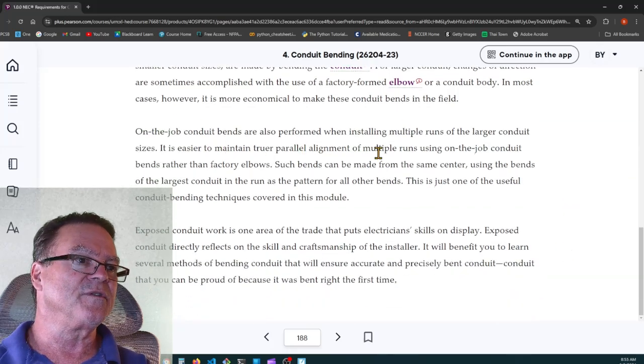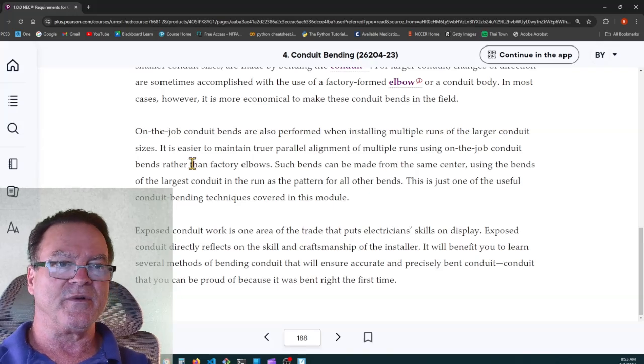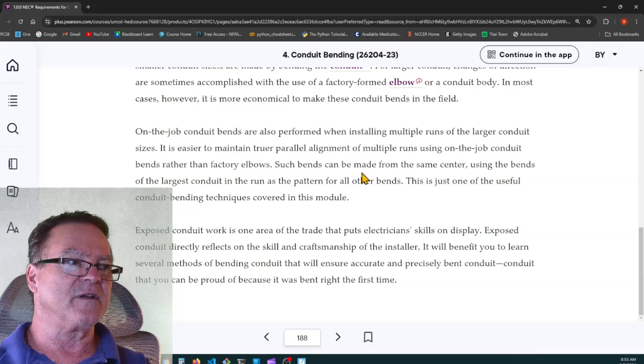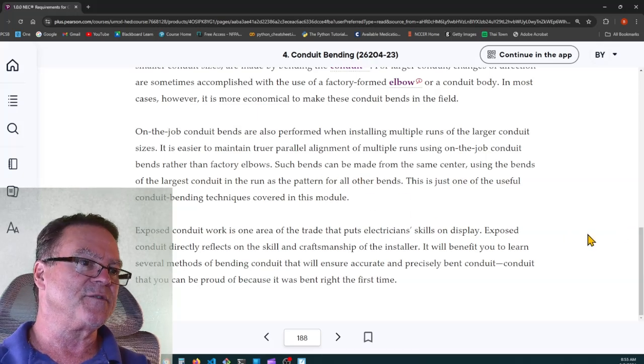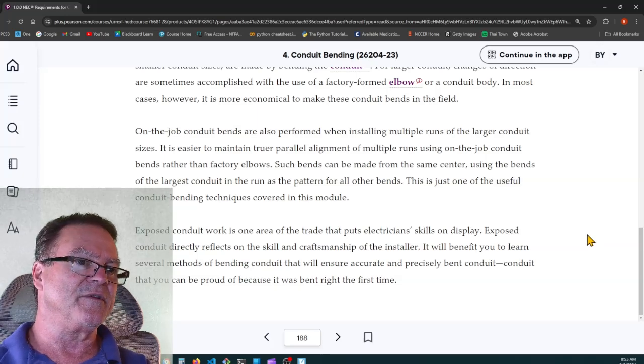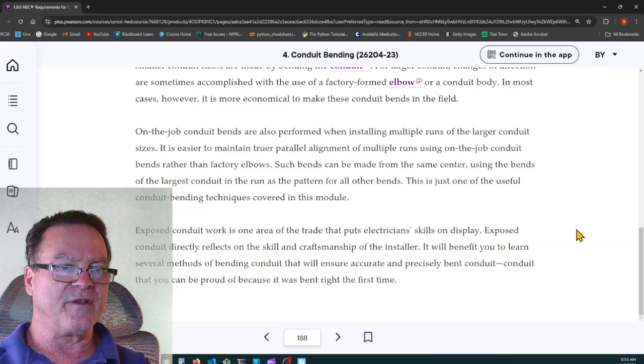On-the-job conduit bends are also performed when installing multiple runs of the larger conduit sizes. It's easier to maintain true parallel alignment of multiple runs using on-the-job conduit bends rather than factory elbows. Such bends can be made from the same center, using the bends of the largest conduit in the run as the pattern for all the other bends.